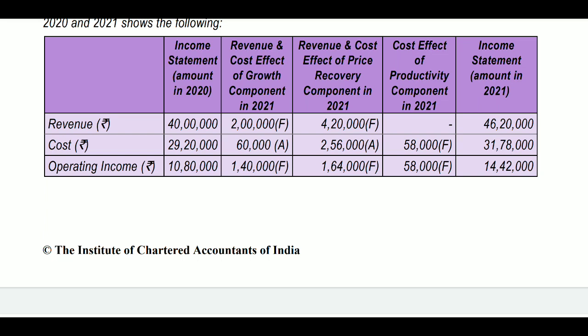And the remaining amounts: 4 lakh 20 is favorable, minus 2 lakh 56,000 adverse, so it will be deducted. And what is the favorable market growth share? We will get 1 lakh 40 into 8,000 divided by 20,000, that is 56,000 for this amount.